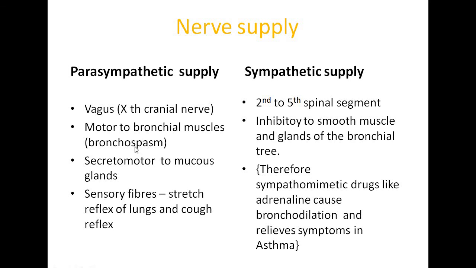So hyperstimulation of the parasympathetic nerve supply leads to an asthma-like disorder, while the sympathetic supply, which is from 2nd to 5th spinal segment, is inhibitory to the smooth muscle, so dilatation will be there. Glands of the bronchial tree are also inhibited, so secretions will be less, and this is favorable if we give sympathomimetic drugs, which mimic the sympathetic system. This, like adrenaline, will cause bronchodilation and relieve symptoms of asthma.